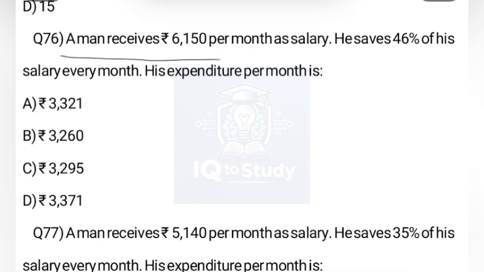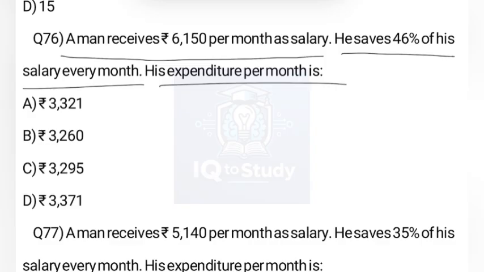A man receives 6,150 per month as salary. He saves 46% of his salary every month. His expenditure per month is?